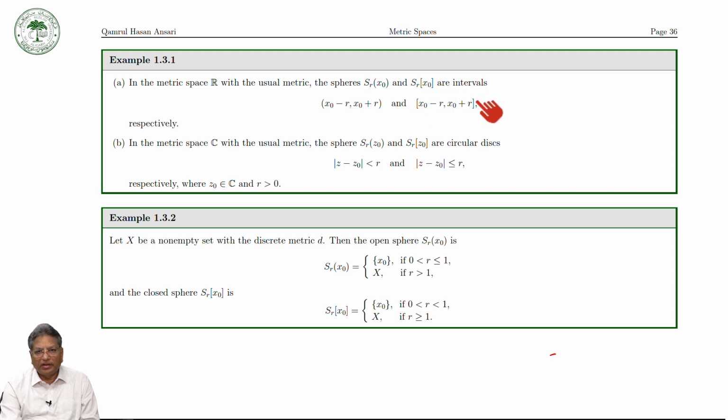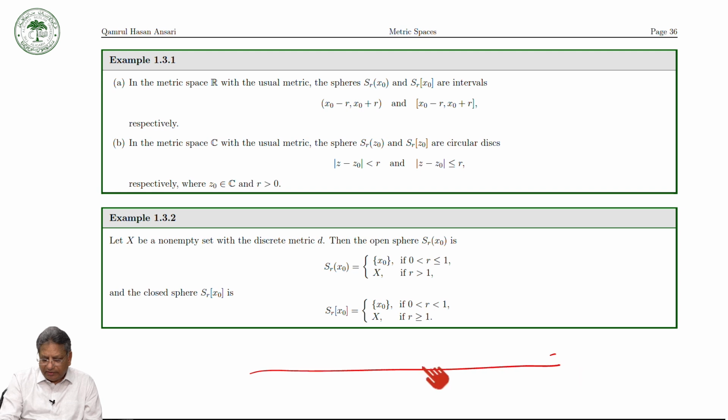So basically what we are doing here is, suppose you have the real line, here you have your x0, whatever your r greater than 0 is, here you have x0 plus r, and here you have x0 minus r.